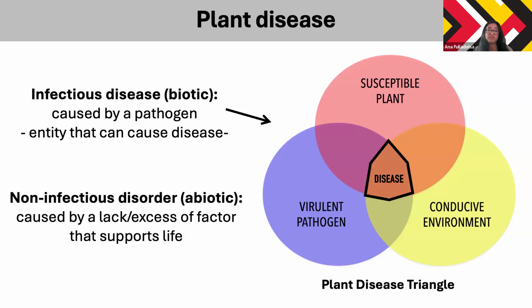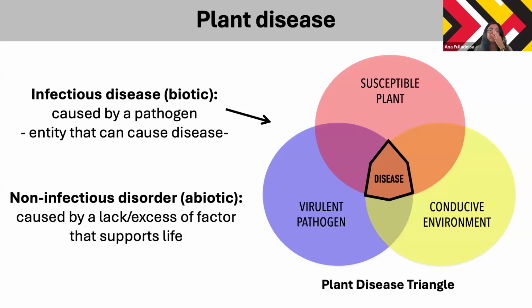And then that conducive environment, which is where we have some control when it comes to management, but a lot of the time we also have no control because the weather is ever changing and we don't know what we're going to get. This year being a really good example of that.